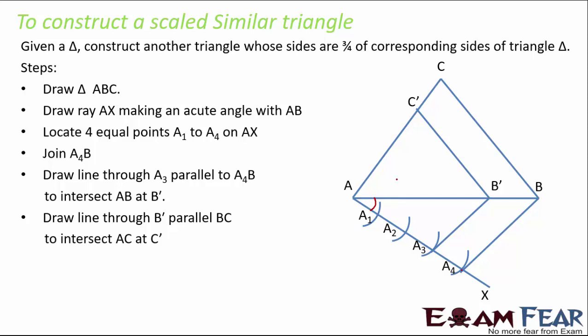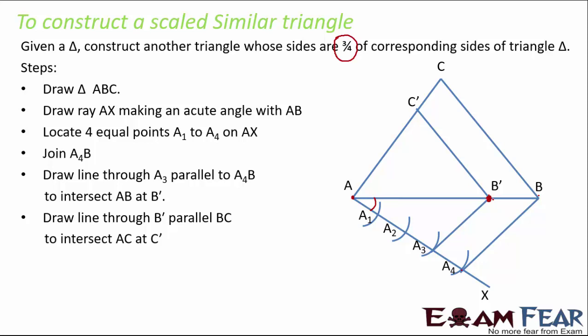So you see, logically, this was your triangle ABC, right? You just wanted the AB side to become AB dash, which is 3/4 of its side. So since we were looking for 3/4, what we did, we divided this into 4 parts. So 3 parts out of 4 parts. So that corresponding point is 3/4 of AB. Now, once we were able to locate this point B dash, things were simple.